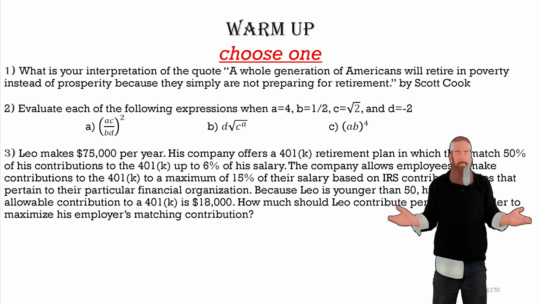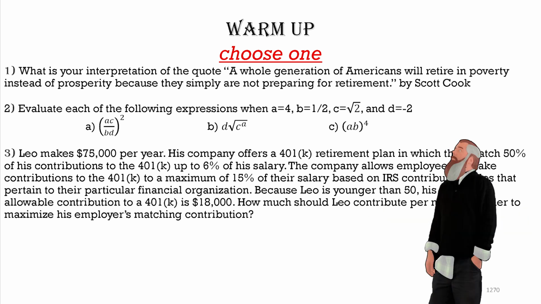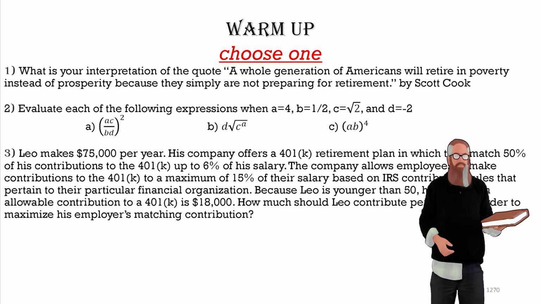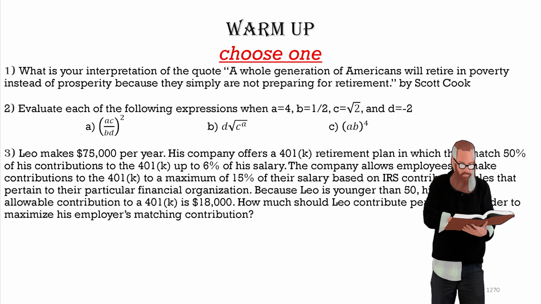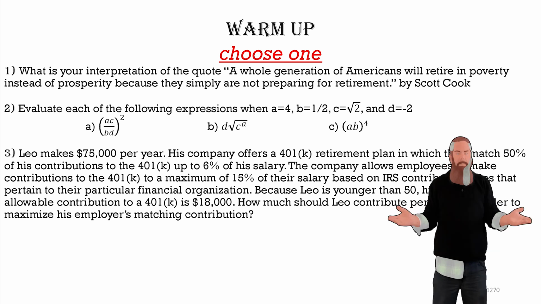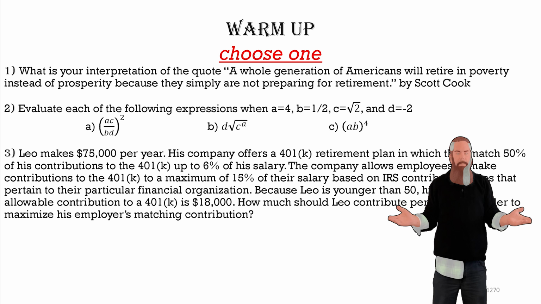The company allows the employees to make contributions to the 401k to a maximum of 15% of their salary based on IRS contribution rules that pertain to their particular financial organization. Because Leo is younger than 50, his maximum allowable contribution to a 401k is $18,000. How much should Leo contribute per month in order to maximize his employer's matching contribution?